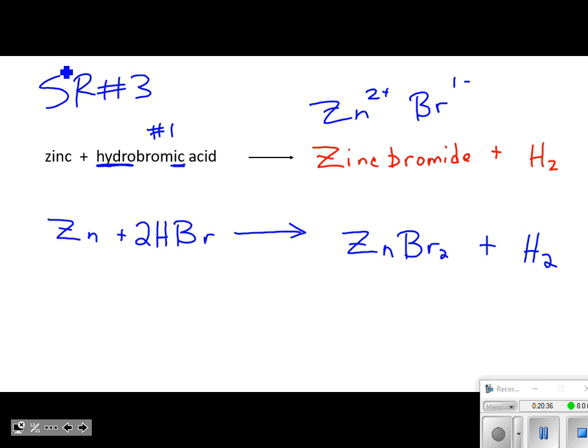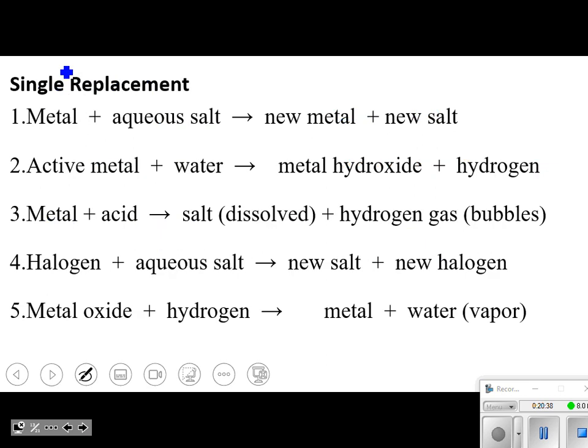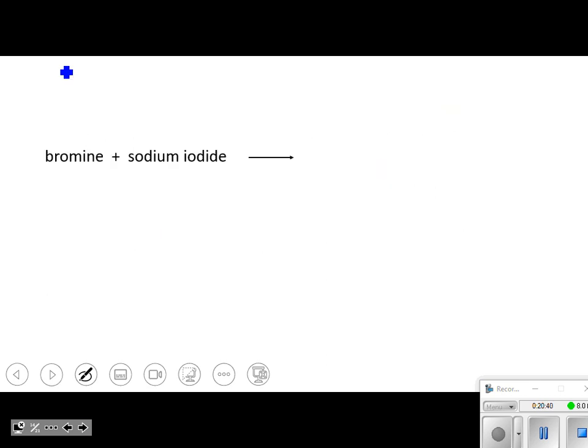Moving on, moving on. Here's our next one. Bromine and sodium iodide. Now, what do you know about bromine?